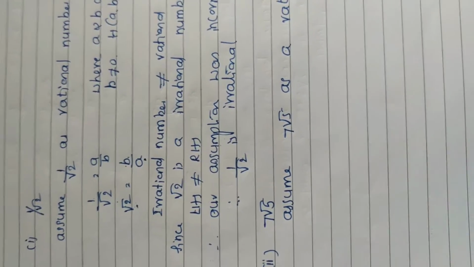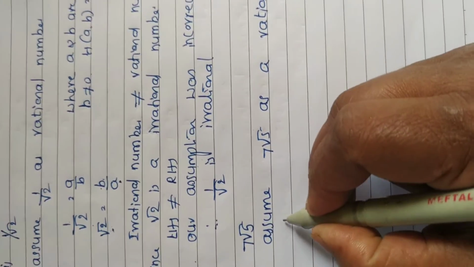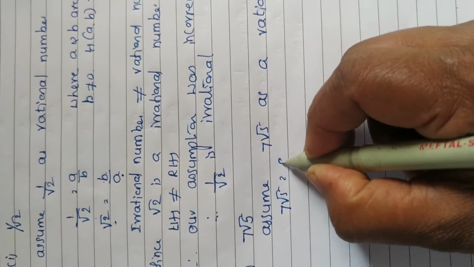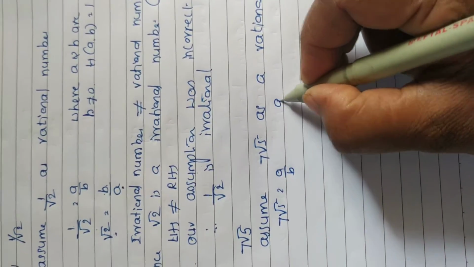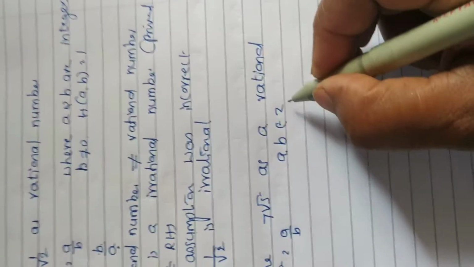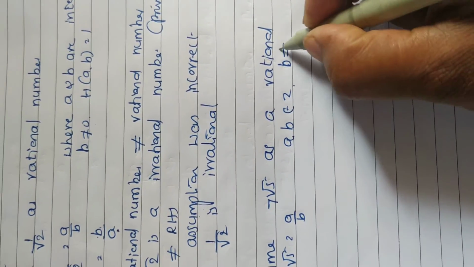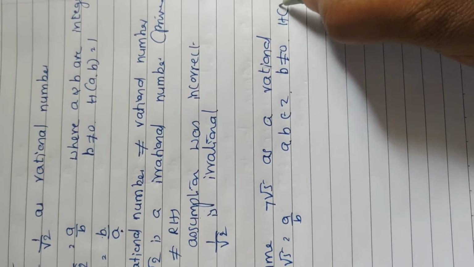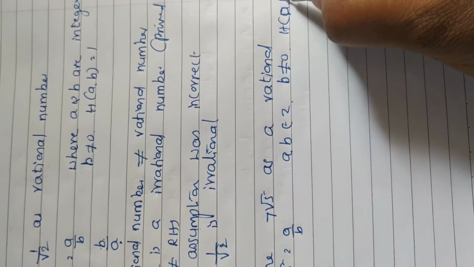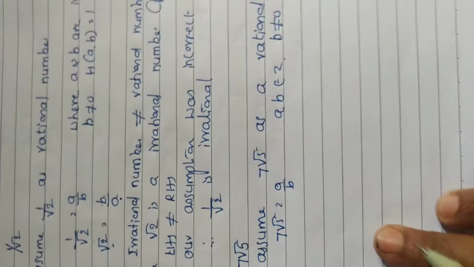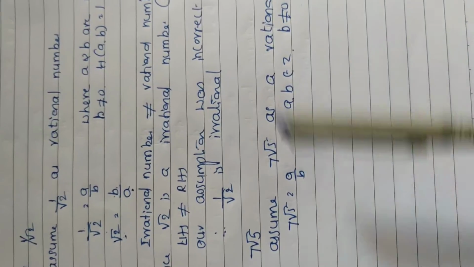Same procedure. So 7 root 5 is a by b, with the same conditions: a and b are integers, denominator b is not 0, and the HCF of a and b is always 1. This is the condition of a rational number.